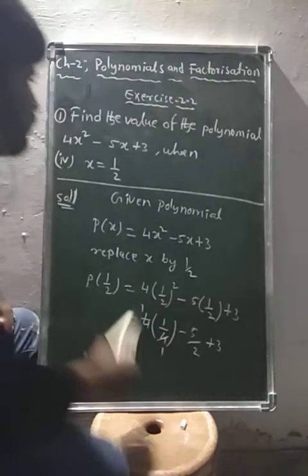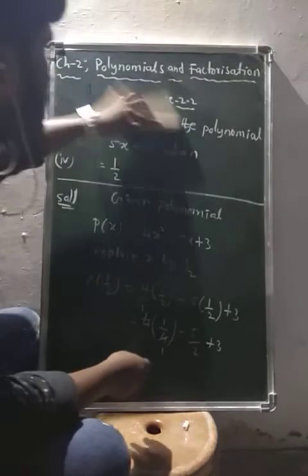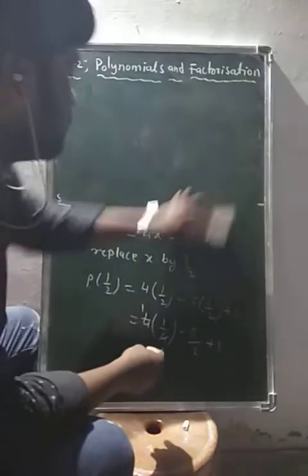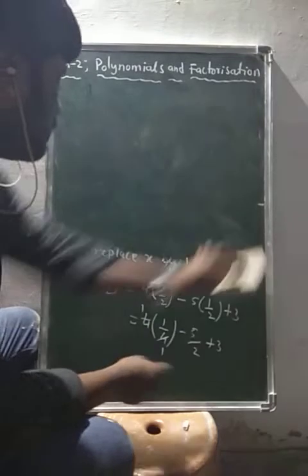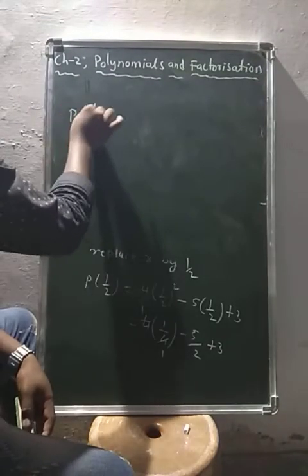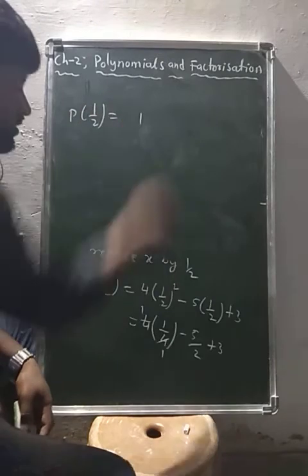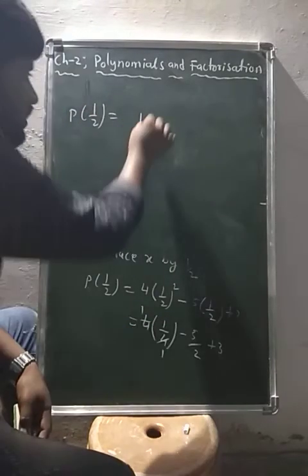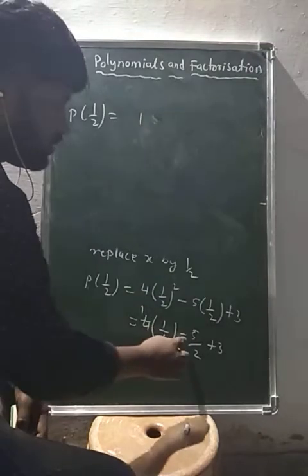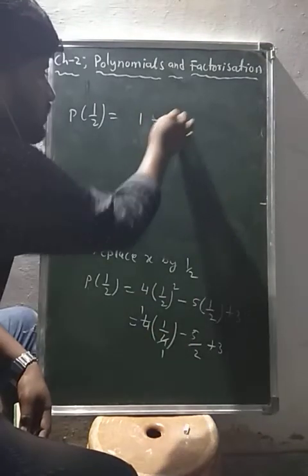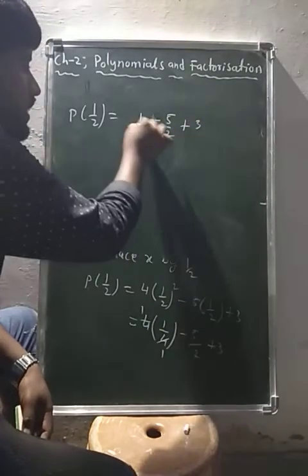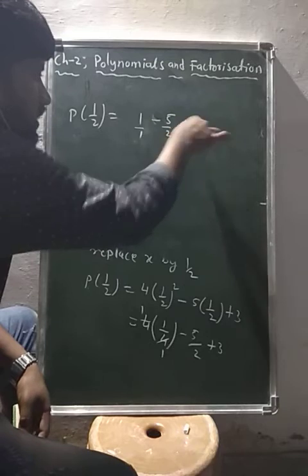So we get p of 1 by 2 is equal to 1 plus 1 minus 5 by 2 plus 3. So clearly you take it as 1, here also you take it as 1.